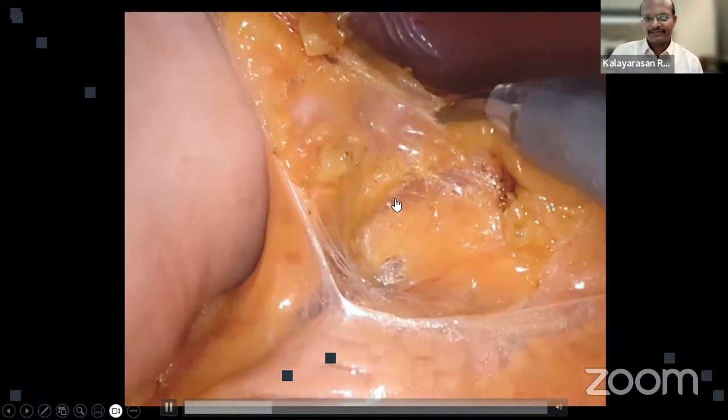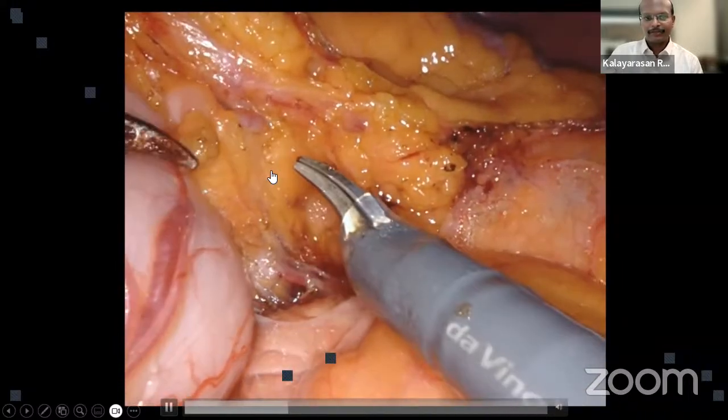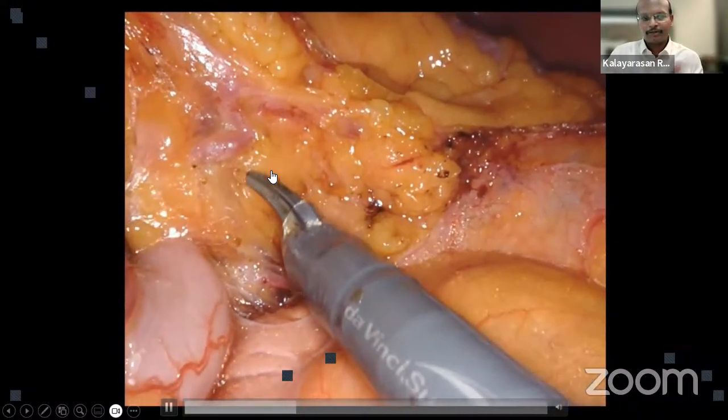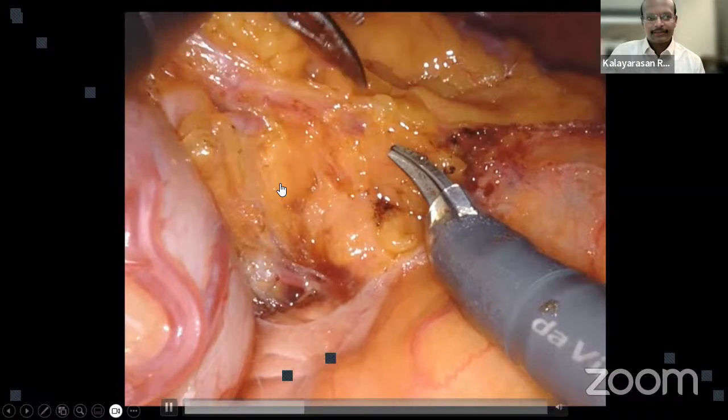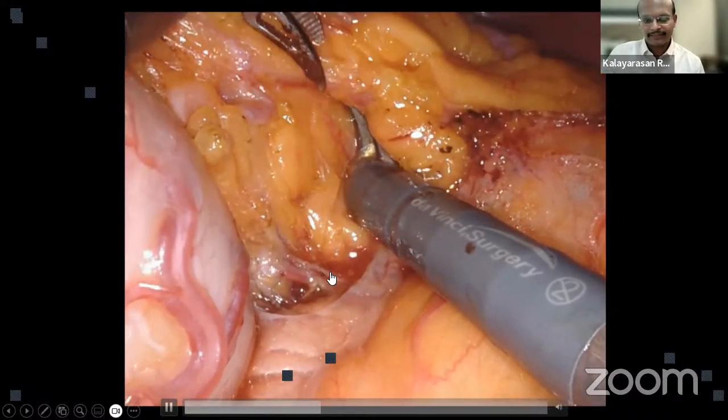You can see here one branch going towards the colon. This is actually an arcade which communicates between the gastroepiploic and the colic vessel. You divide it, and afterwards you take off these left gastroepiploic vessels.